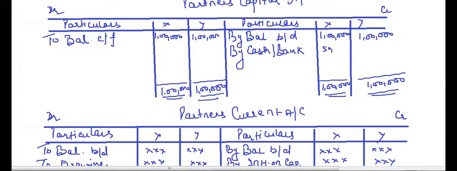I'll say 50,000 and 50,000. Now what is the balance that I will carry forward? Now I'll carry forward not 1 lakh, I'll carry forward 1,50,000.